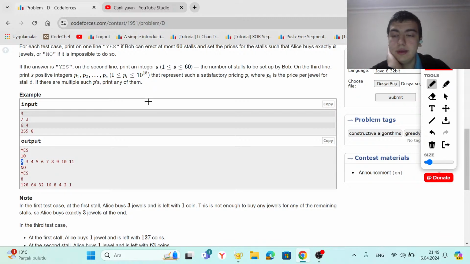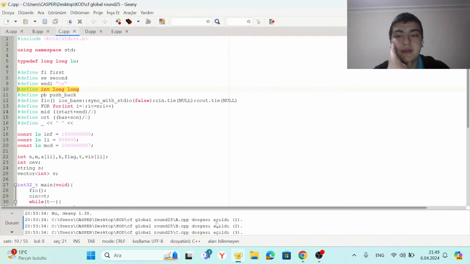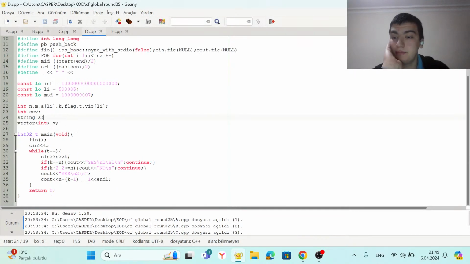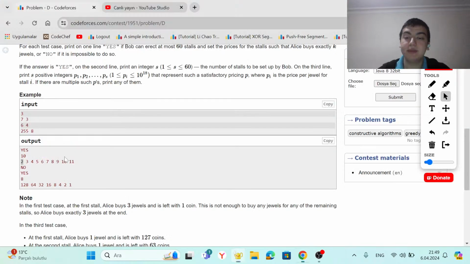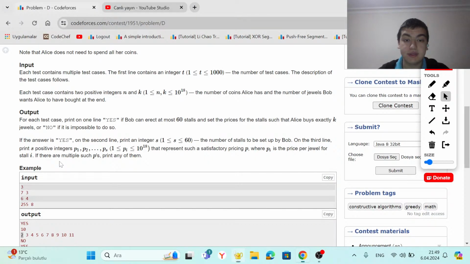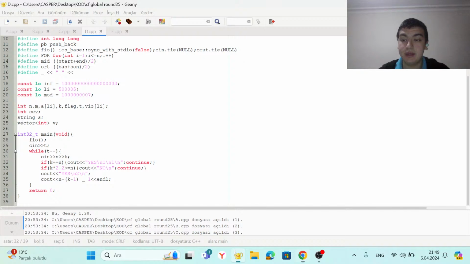Okay, what can we do in this problem? I think looking at the code is better than this explanation. This problem has some cases that we need to consider.